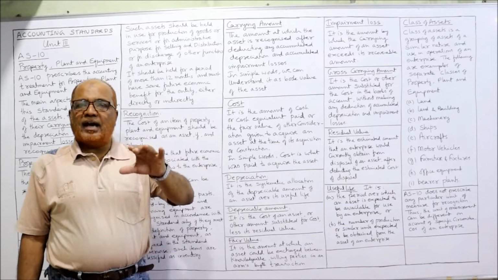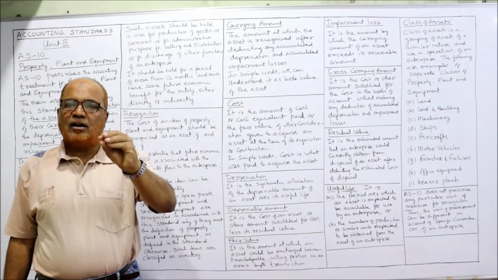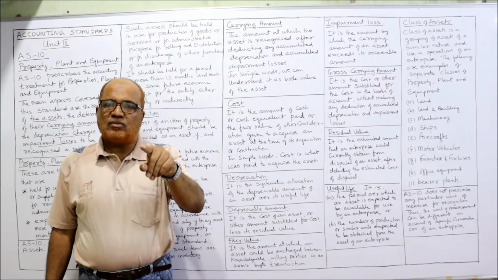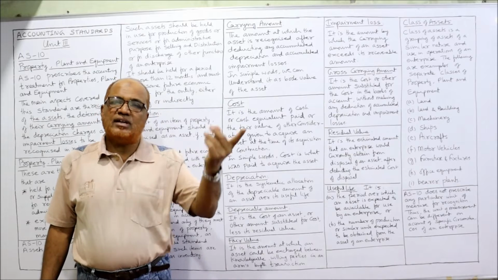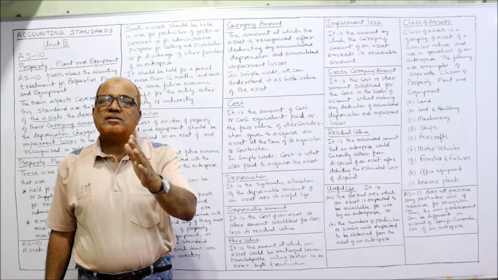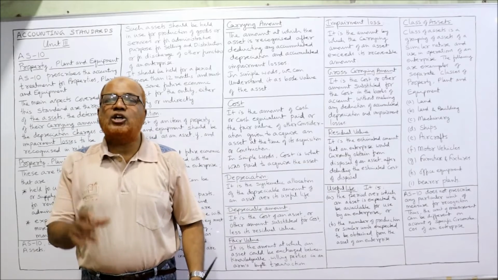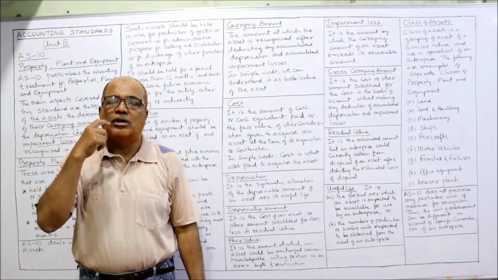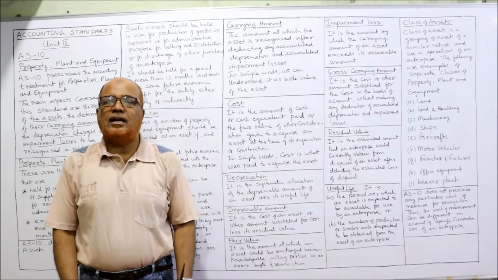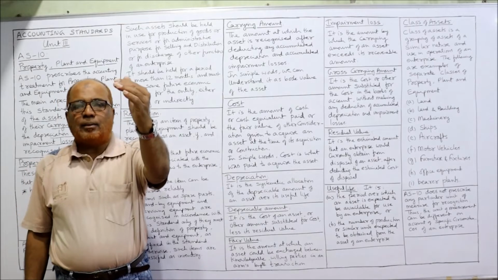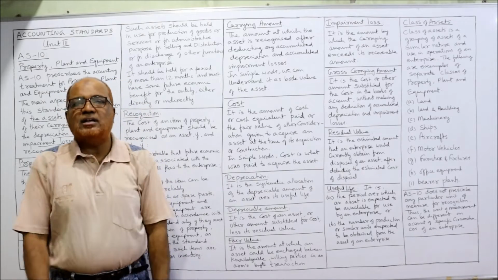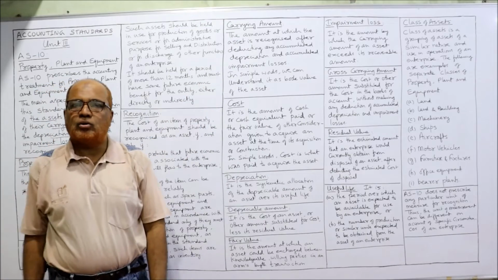Simple meaning: if an asset was purchased 5 years back for 1 lakh rupees, and during the last 5 years 30,000 depreciation was provided, accumulated depreciation is 30,000. So 1 lakh minus 30,000, you will get 70,000. That 70,000 is the carrying amount.